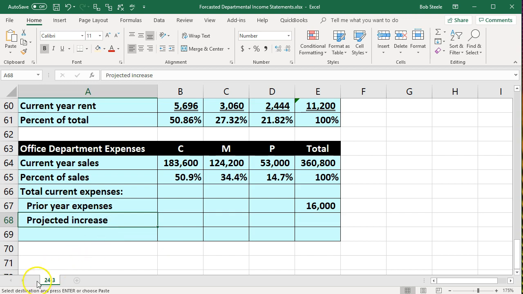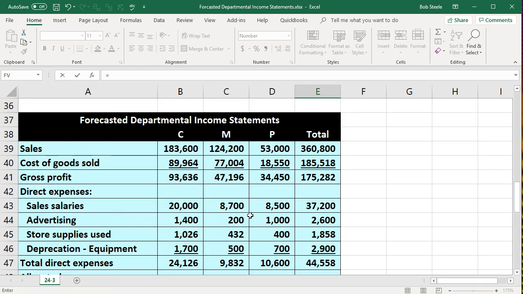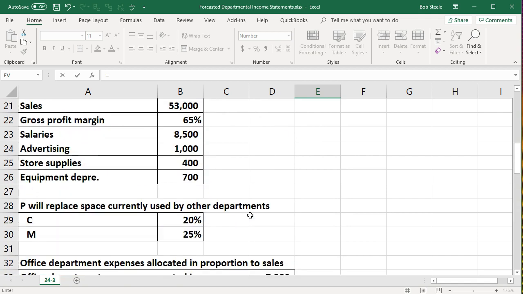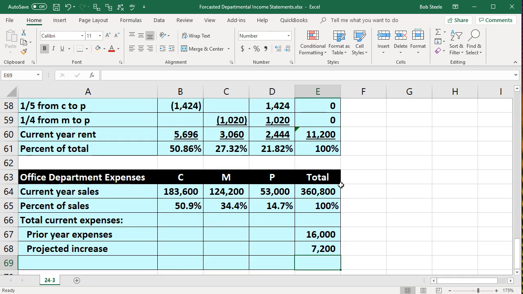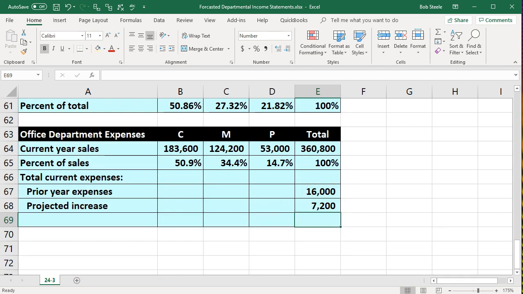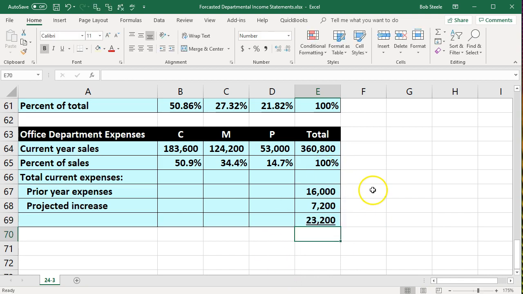The projected increase was given in our data. So I'm going to say this equals and scroll back up. And that was the projected increase 7,200 and enter. And then if we add those up, we're going to say this equals the sum of the 16,000 and the 7,200, or the 23,200.